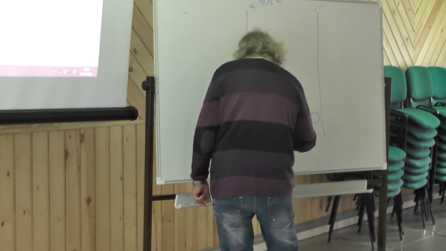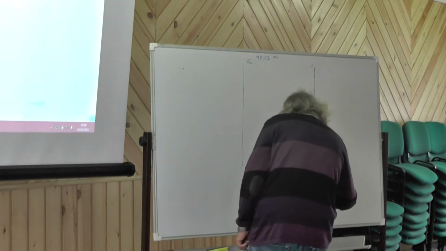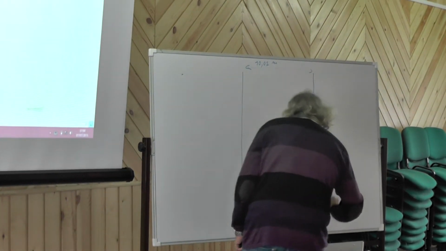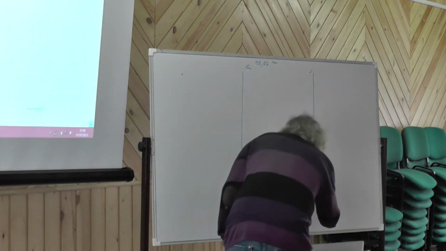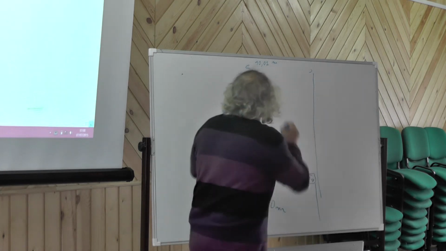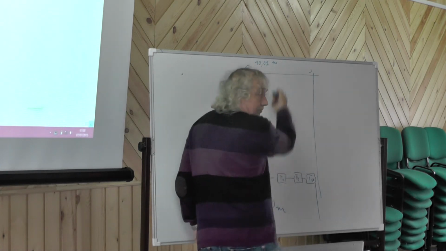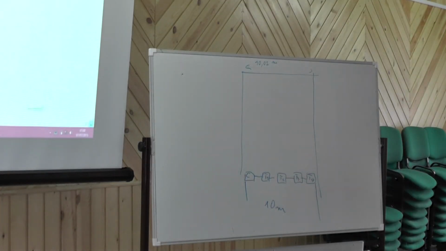Here is the car, here are the trailers. And the total length of these is 10 meters, and you want to park here. Okay, it is perfectly possible. It's impossible? It is possible, completely clearly. And I will show you.